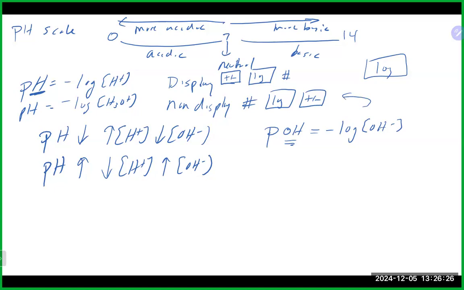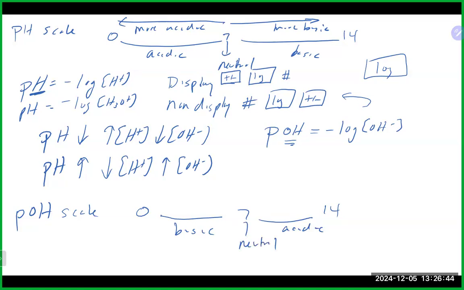Remember that if you're thinking about the pOH scale, which most people never think about, it goes from 0 to 7 to 14 as well. But below 7 is actually basic, above 7 is acidic, and 7 is still neutral. It is the opposite of the pH scale.